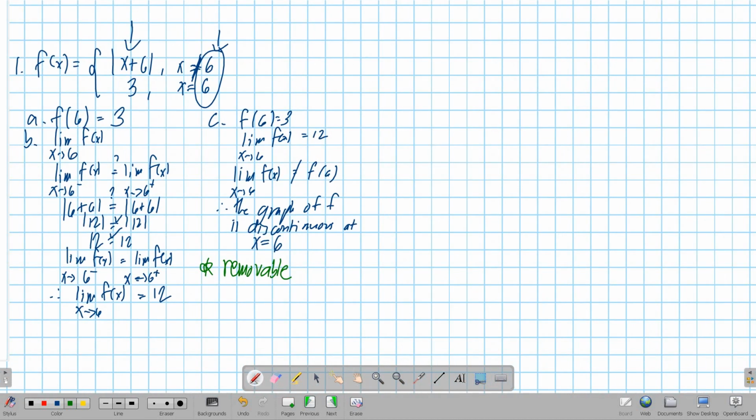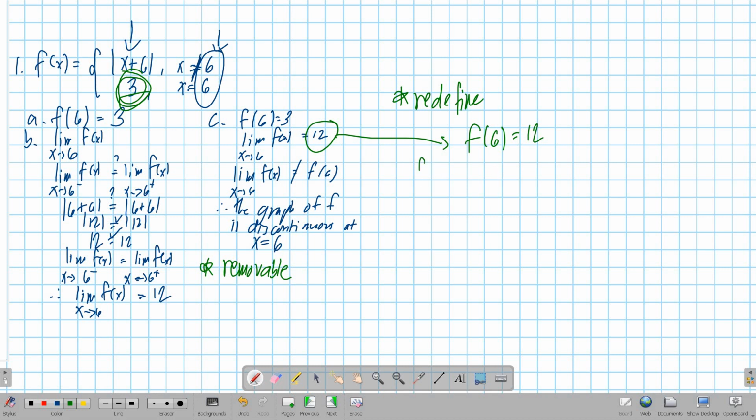So how do we redefine? Simply, since the limit of f of x as x approaches c is equal to 12, we just need to make f of 6 equal to 12. So instead of 3, we have to remove this and make it 12.